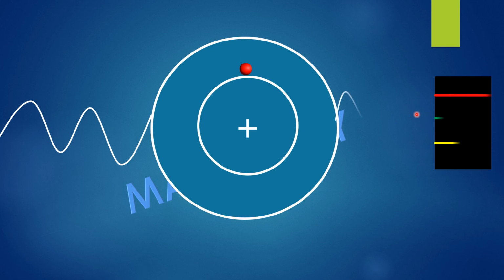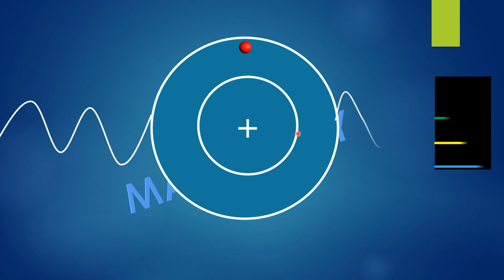When this radiation is caught on the screen, you will find colored lines on a black background. Are you clear? So this is an example of an emission spectrum. An emission spectrum only gives colored lines with a black or dark background. Are you clear about that?